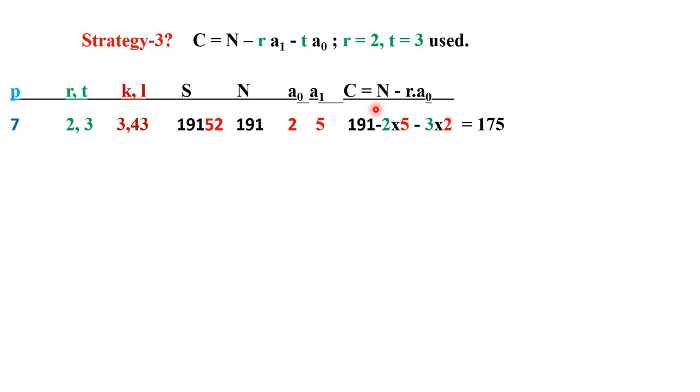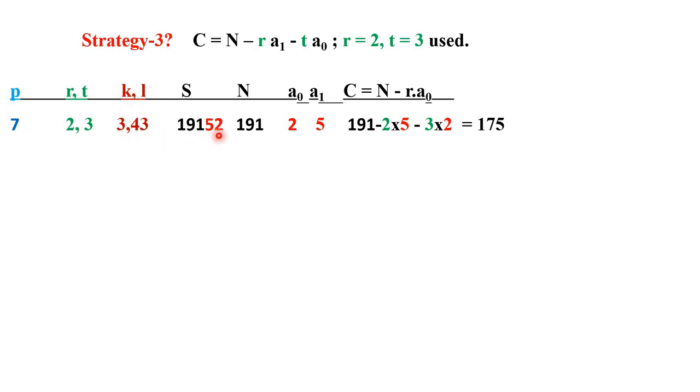So now clearly, in the example, we have got R and T in green color. Initially it was only K, but this time I have introduced another L, and they are 3 and 43.